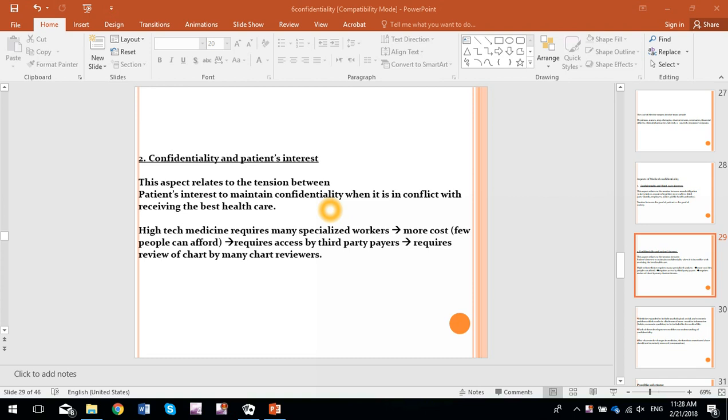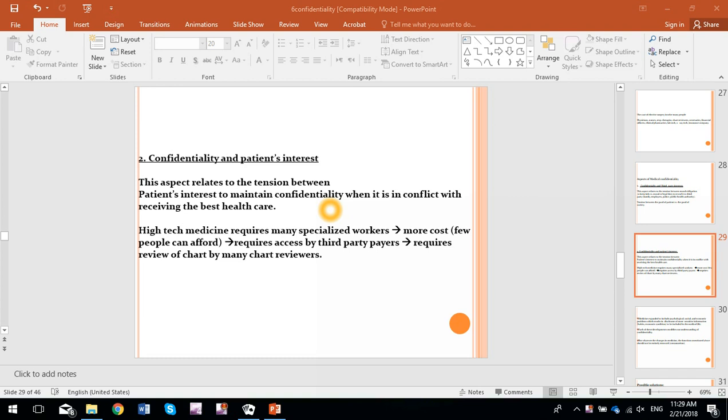Now, if you are insured by an insurance company, you send a fax to the insurance company of what this case is, and then the physician that is employed by the health insurance will review the chart, will review the information, and he may or may not agree on what procedures are to be taken.